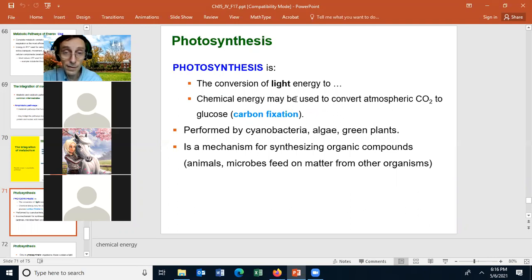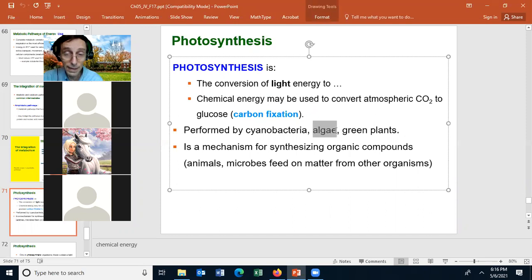And so usually the ATP in photosynthesis will be used to make glucose, but it doesn't have to be, and hopefully I'll have enough time to talk about that. Remember, photosynthesis happens in more than just green plants. It happens in all algae, including green algae, and it happens in cyanobacteria, the photosynthetic bacteria, which make oxygen.